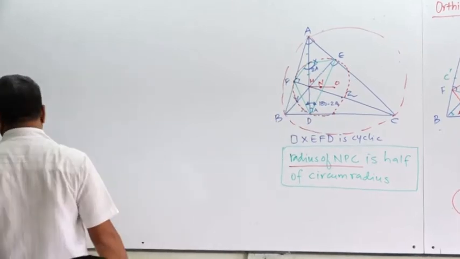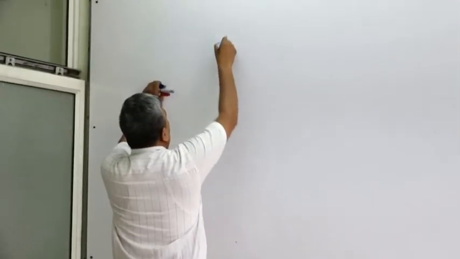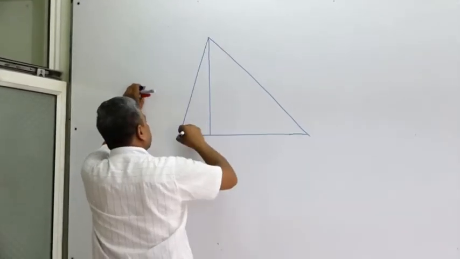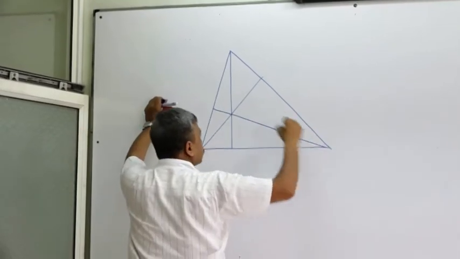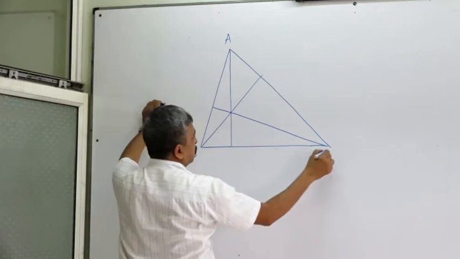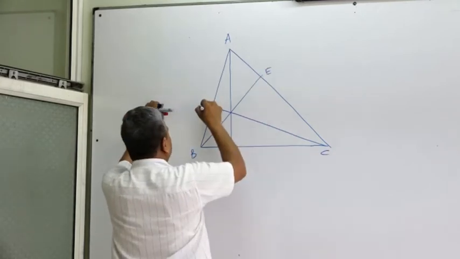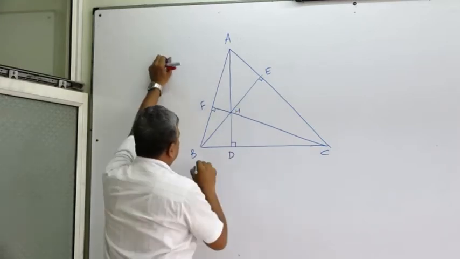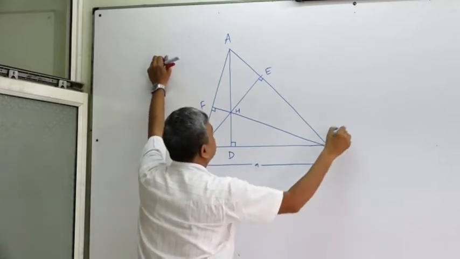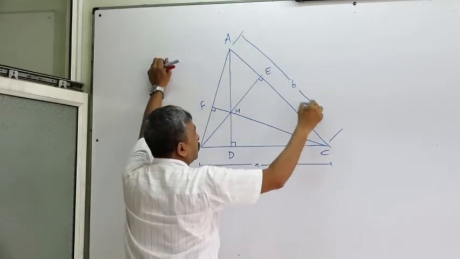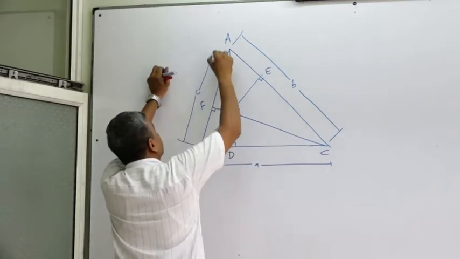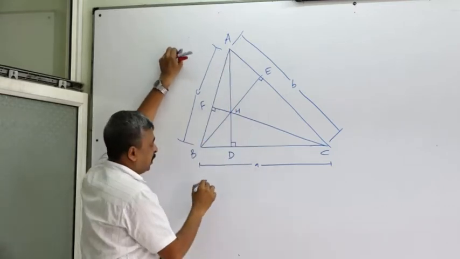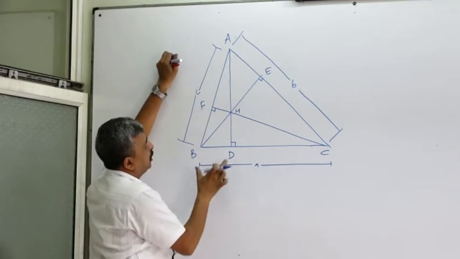So having given this background of geometry, now I would like to find out different distances in the earthing configuration using trigonometric ratios. Given this side is small a, this side is small b, and this side is small c, and angles A, B and C. The simplest amongst them: can you tell me how much is BD?